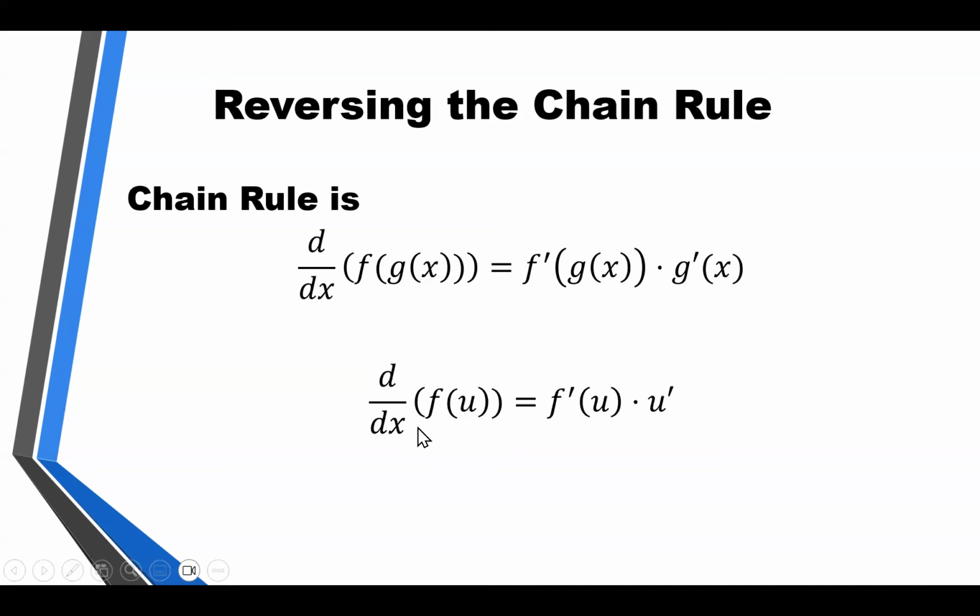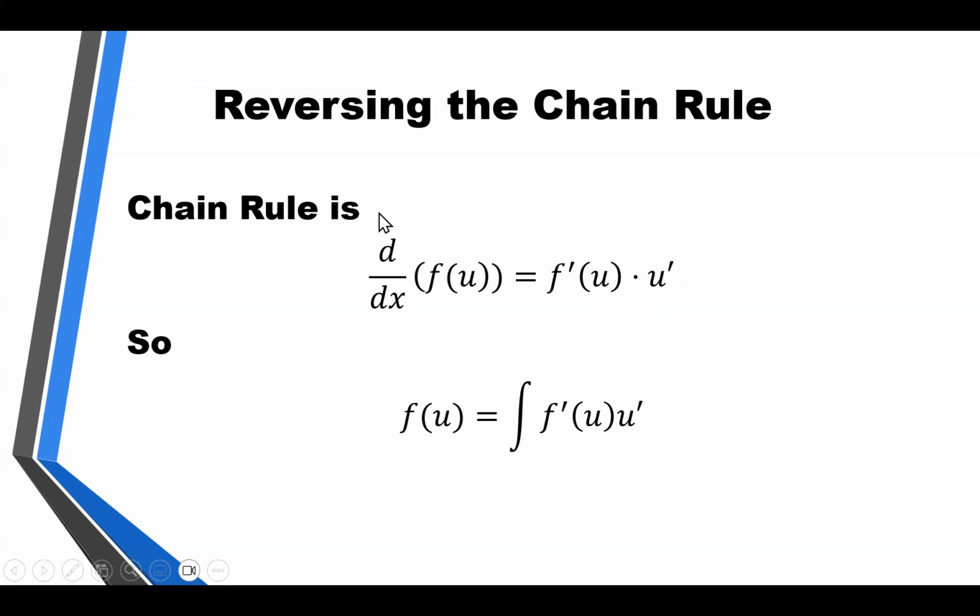And then my chain rule says taking a derivative of f of u is equal to f prime of u times u prime, where u prime is the derivative of u with respect to x. So I get this, which is a little bit nicer to look at, but all we're doing here is replacing the g of x with a letter u.